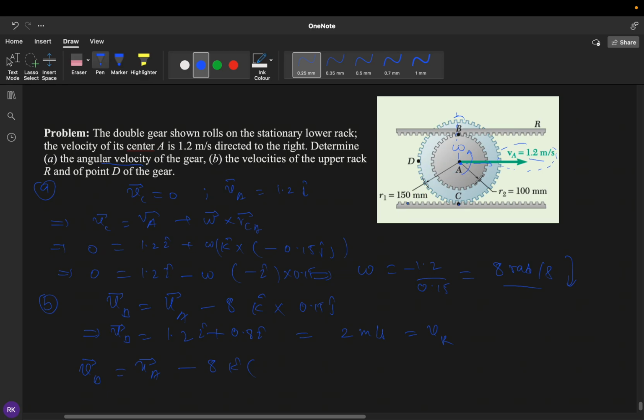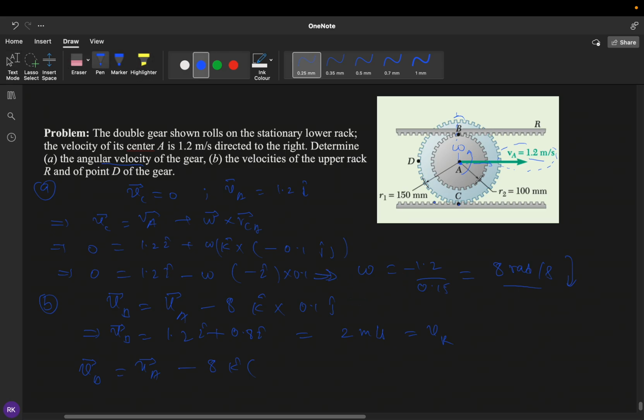That is 0.15. Oh yeah, earlier we used a wrong value, right? Here it must be 0.1, and here it also must be 0.1, but we are getting the correct answer. Yes sir, RCA is 0.15.